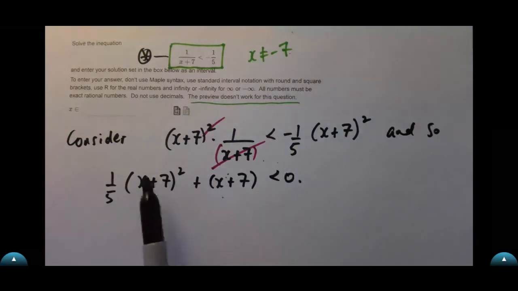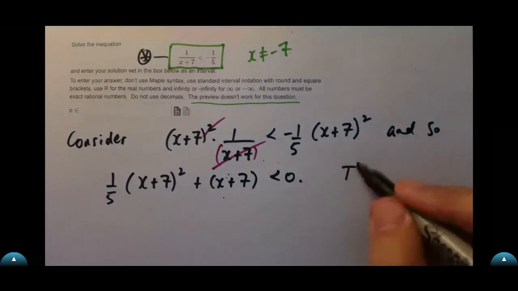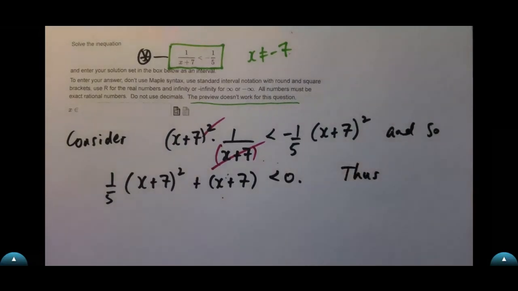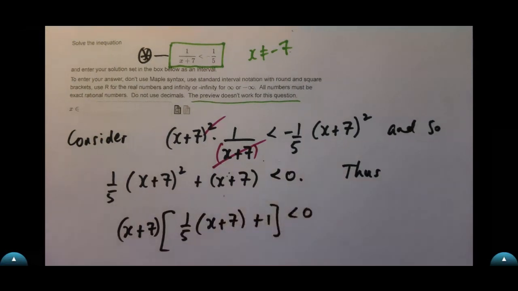Now, it's very tempting to expand the brackets, but there's a common factor. So don't expand the brackets, okay? So what are we going to get? We're going to get something like that, okay?